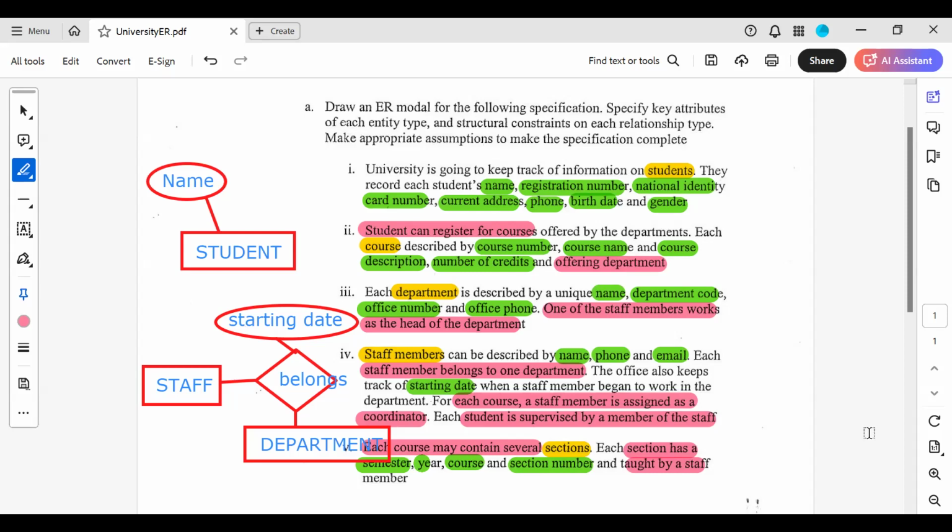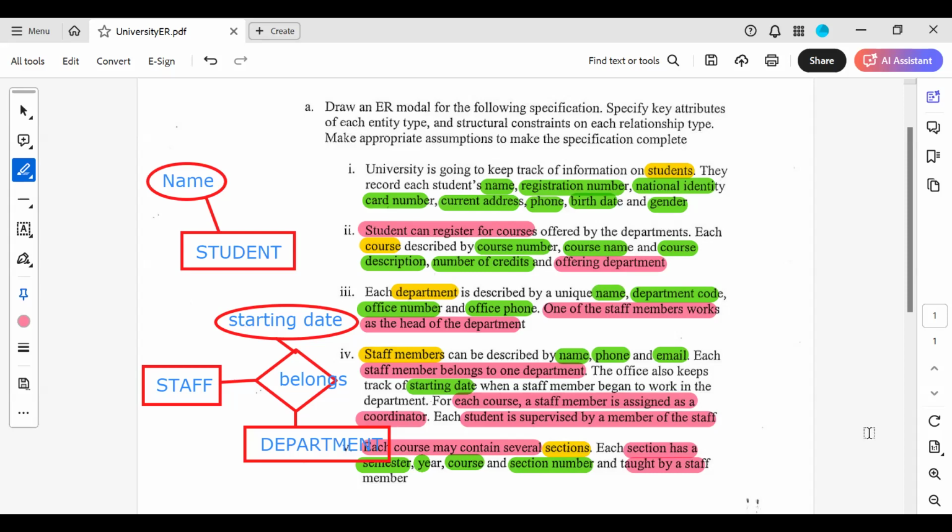But what about the other way around? Take a staff member. How many courses can he coordinate? It doesn't say anything, right? So if you assume that a staff member can coordinate only one, then it's one to one. If you assume that a staff member can coordinate more than one, then it's one to many. So both answers are correct.